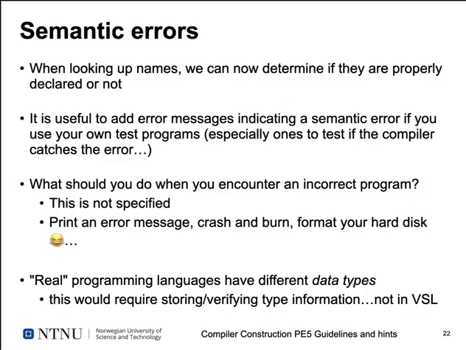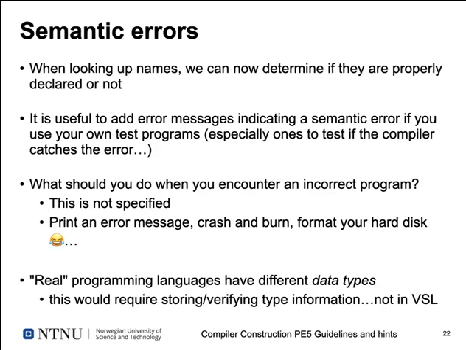So what are we going to do if something goes wrong? Like if we are trying to use a variable Q and we only have declared X, Y, and Z. Well, we would figure out when we try to look up that name that we can't find it anywhere. So when we look up names, we can now determine if a name is properly declared or not.